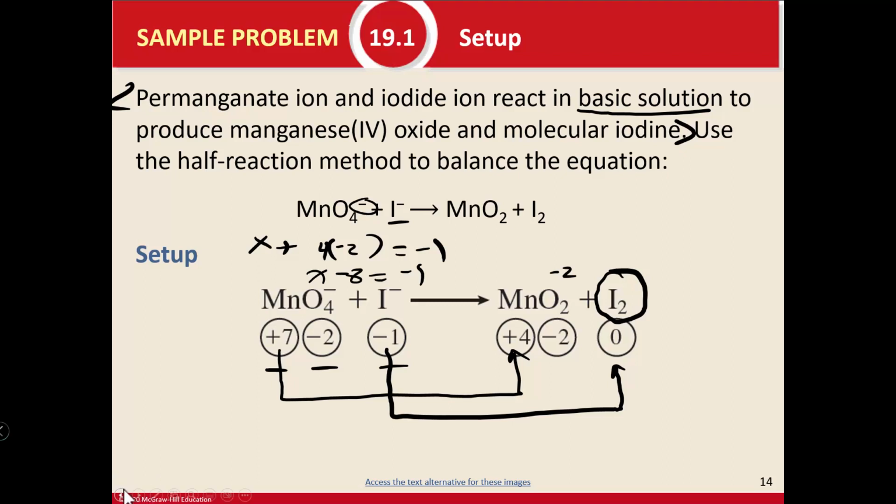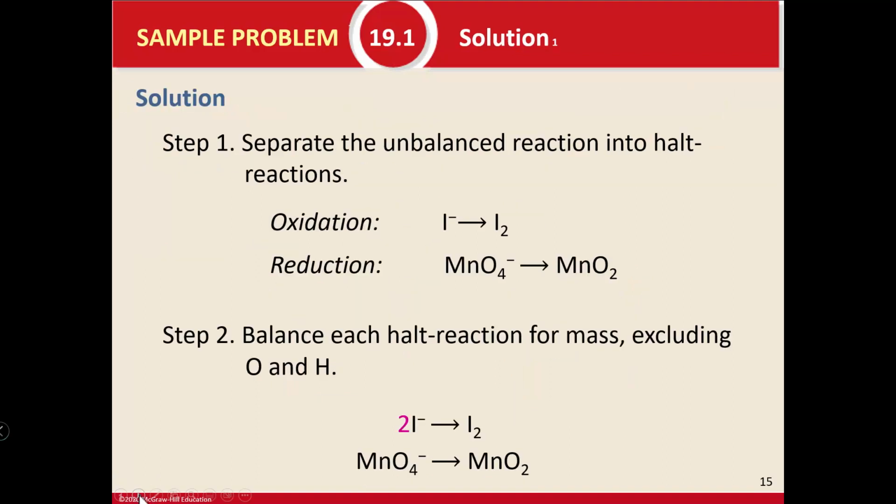Okay. So very easy, break it down into what's being oxidized. Again, -1 here to 0, that's oxidation, it's lost an electron. And reduction is the gaining. This is +7, and now it's +4 over here. So that's a gain of electrons, it's reduction.